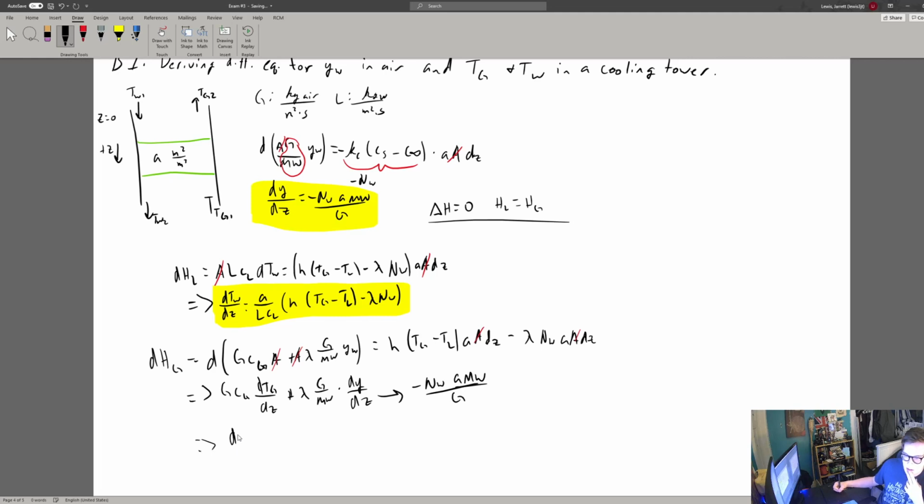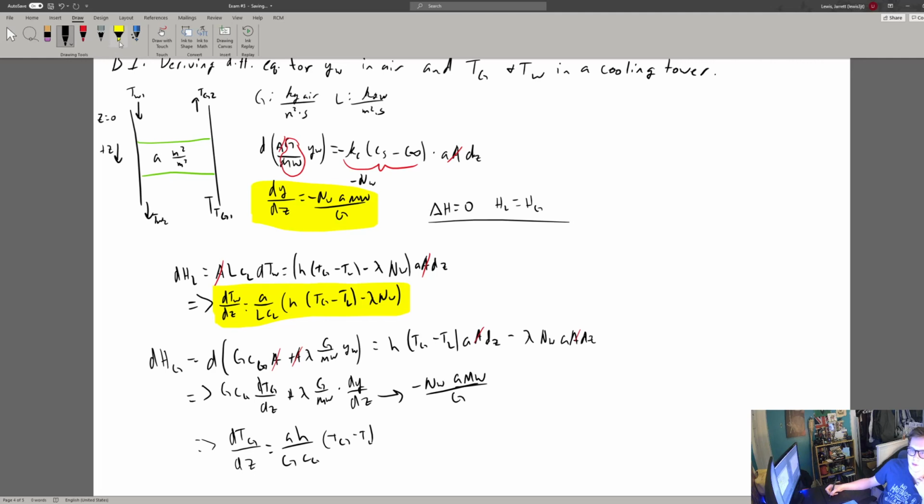So that'll be the change in the temperature of the gas over the change in the height is equal to the specific volume times the heat transfer coefficient divided by the gas flow rate times the heat capacity of the gas, and this is going to be multiplied by the difference between the temperature of the gas and the temperature of the liquid.